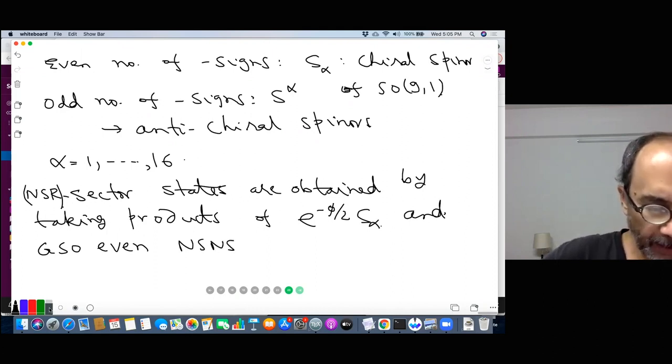Maybe I should say operators here. Let's do everything in terms of operators, but by the state-operator correspondence, of course, there is a one-to-one correspondence.